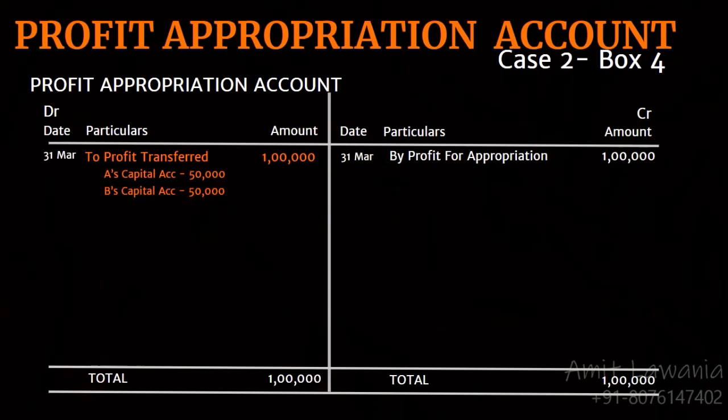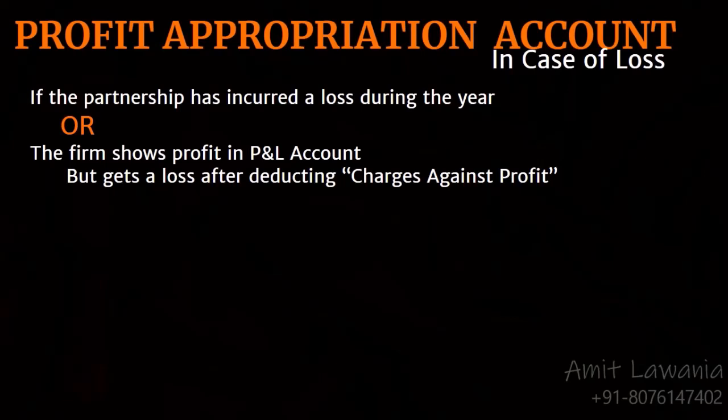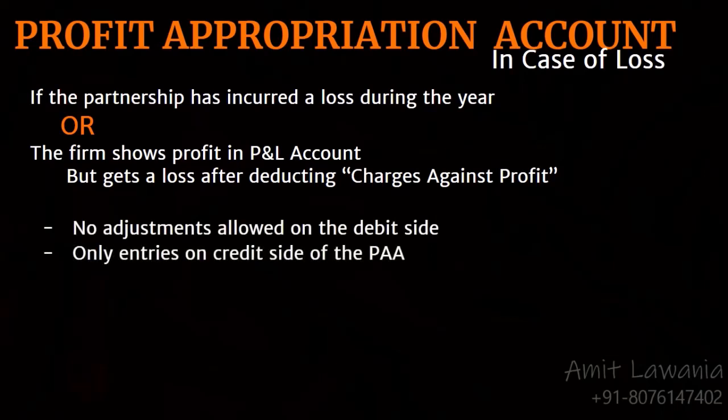So now we have done 2 questions, one where profit for appropriations was adequate, and second when the profit available for appropriations was not enough to meet the total appropriations for partners. The third case: in case of the firm making a loss, or if we get a loss from box 1, that is, we get a negative figure from box 1, no adjustments will be allowed on the debit side.